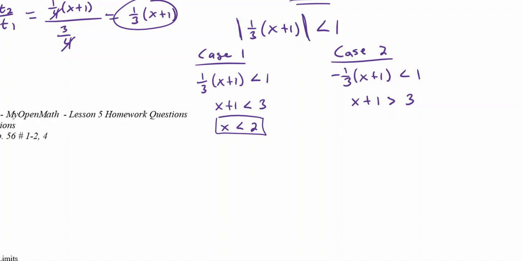So that happens if you multiply or divide by a negative. Shouldn't it be -3? Yep, thanks. So -3, yep. Okay, and then subtract 1 from both sides, so we get x is greater than -4.